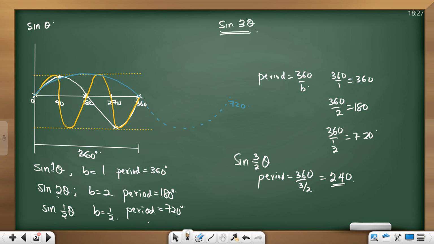In the space of 360, how many graphs do we have? 3 graphs.